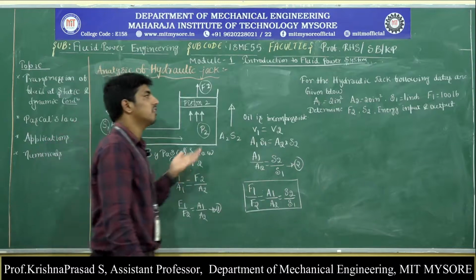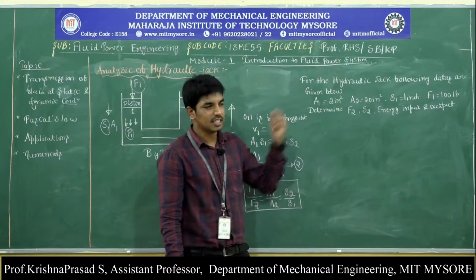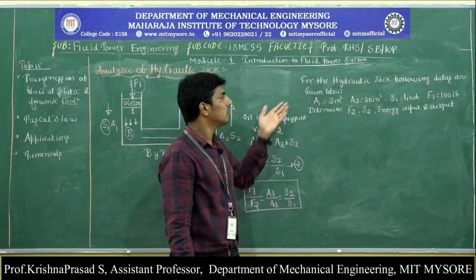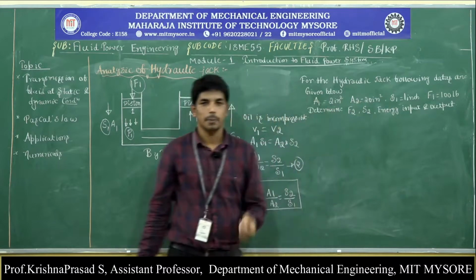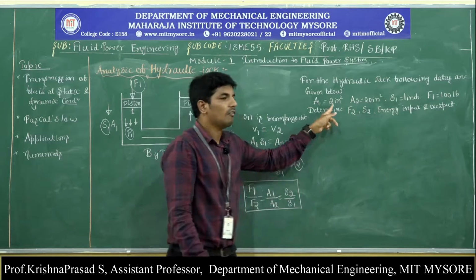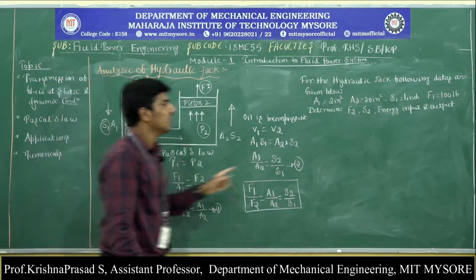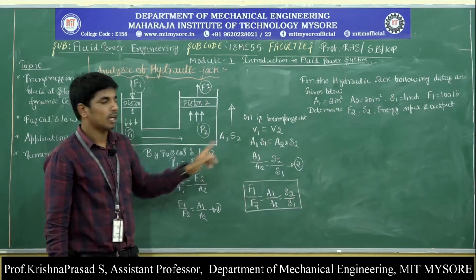The next thing is the numericals based on the application of Pascal's law. In this numerical the data are given for the hydraulic jack. The area of the first cylinder is 2 inch square and the area of the second cylinder is 20 inch square.